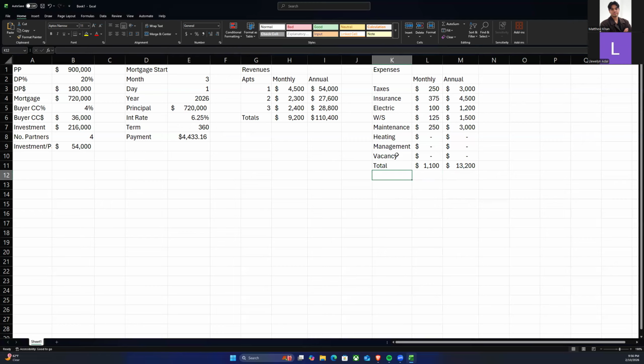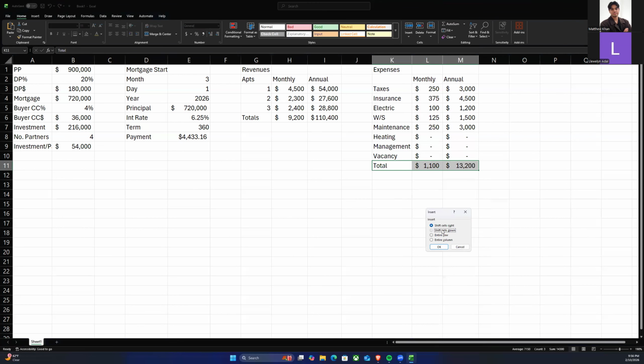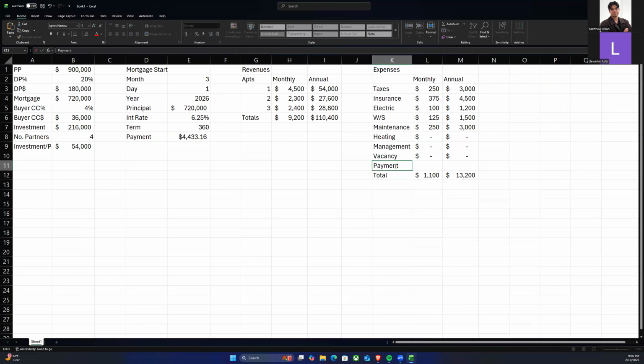Okay. Now, the next thing is the payment. No, we don't put it here. Now we have to talk about business and why they don't put payments as an expense. Why is payment not an expense?